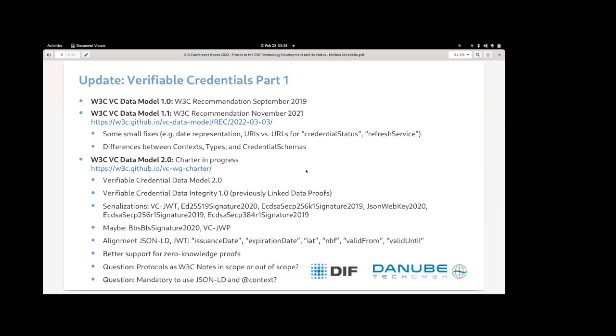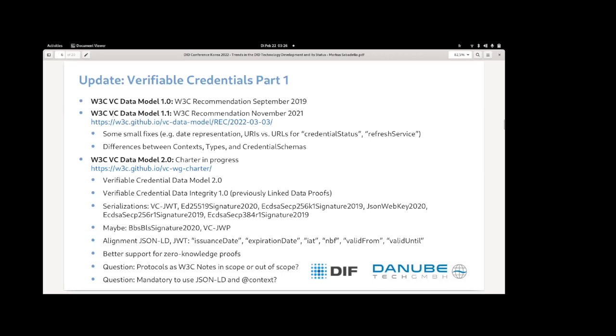Moving on to verifiable credentials, some updates on what's happening here. This is quite interesting. Verifiable credentials have been a W3C standard or W3C recommendation for a pretty long time, actually more than 2 years. But very recently, there has been an update to the standard.